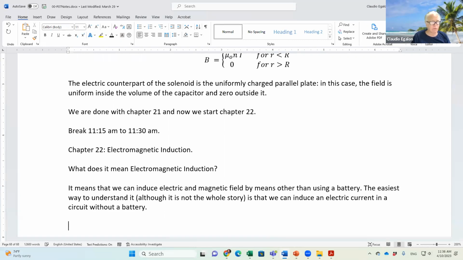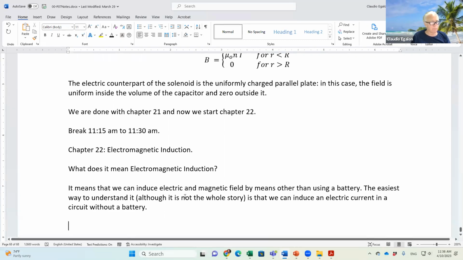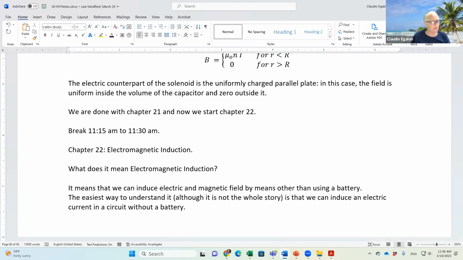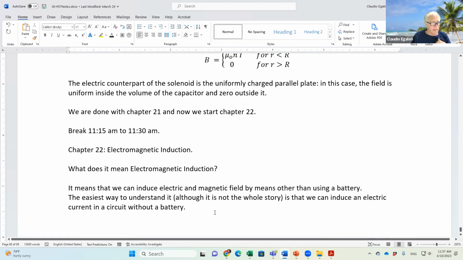That's what it means. But strictly speaking, in a more complete sense, we say that we can induce an electric and magnetic field, not just an electric. Magnetic field comes later on, by means other than using a battery.